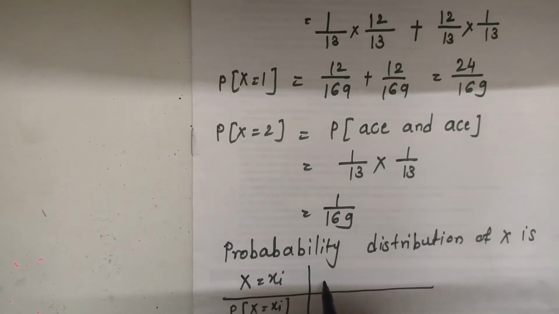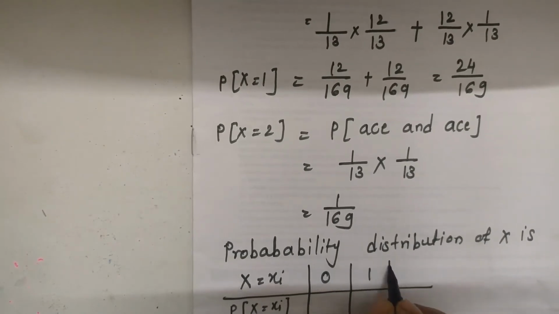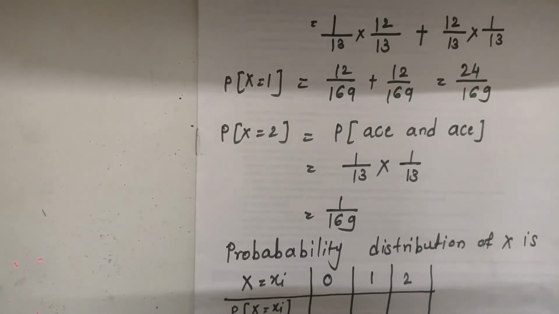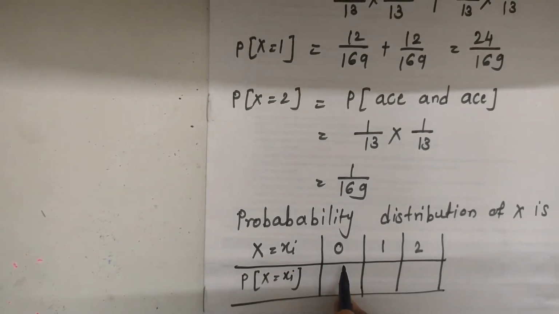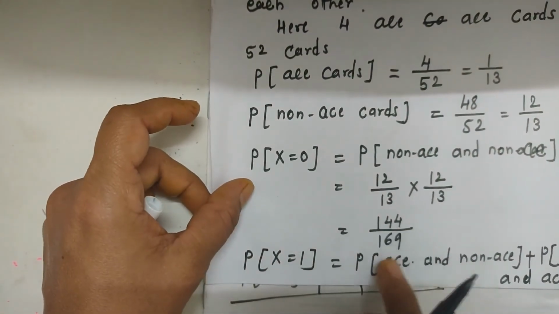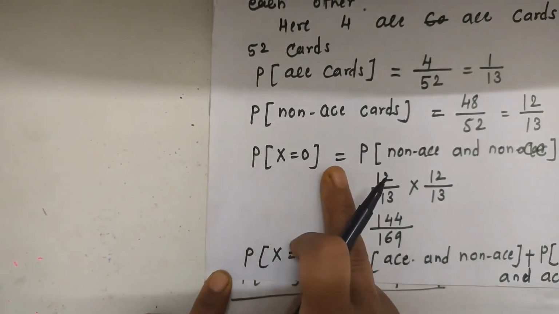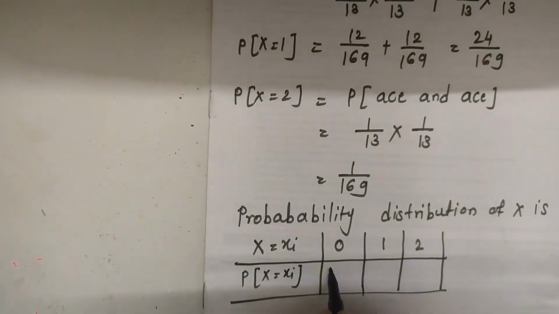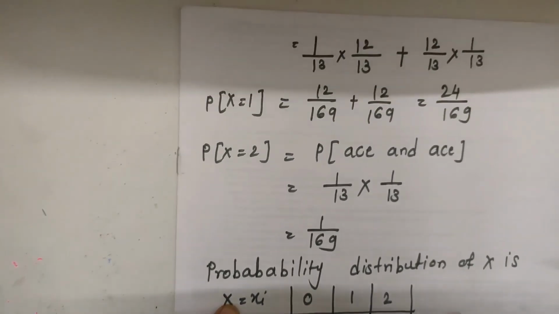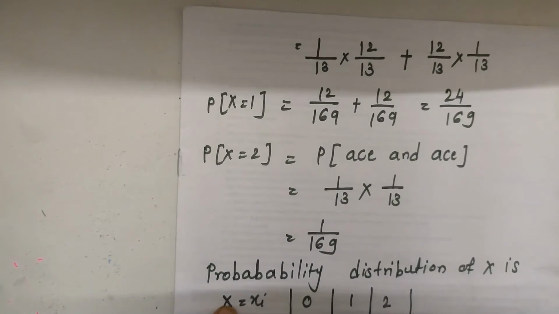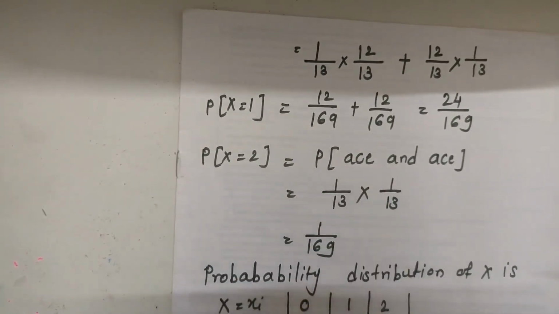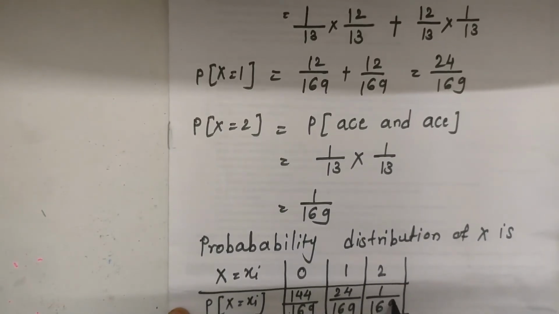The possible values of X are 0, 1, 2, and their corresponding probabilities are: for X equal to 0, the probability is 144 upon 169; for X equal to 1, it is 24 by 169; and for X equal to 2, it is 1 upon 169.